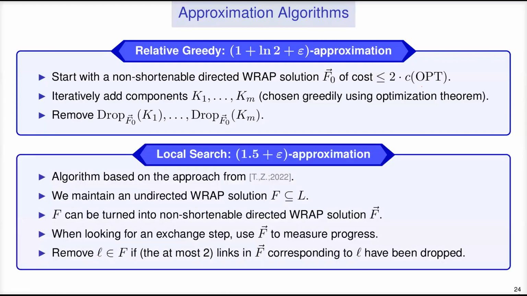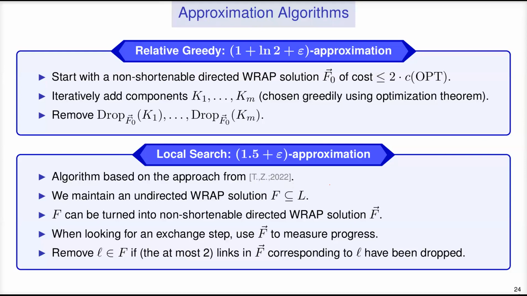One can boost that with a local search procedure, which is linked to results of a prior paper of ours, where we use the idea here. The one weak spot of relative greedy is that whatever you add in a prior iteration, you don't try to improve in a later iteration. The analysis only checks what you can improve with respect to the original links that haven't been removed yet.